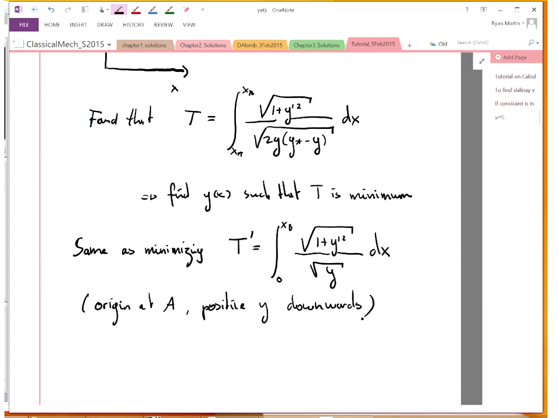Okay, so you agree with me that it's the same problem, right? It's still going to give us the correct shape of the curve.